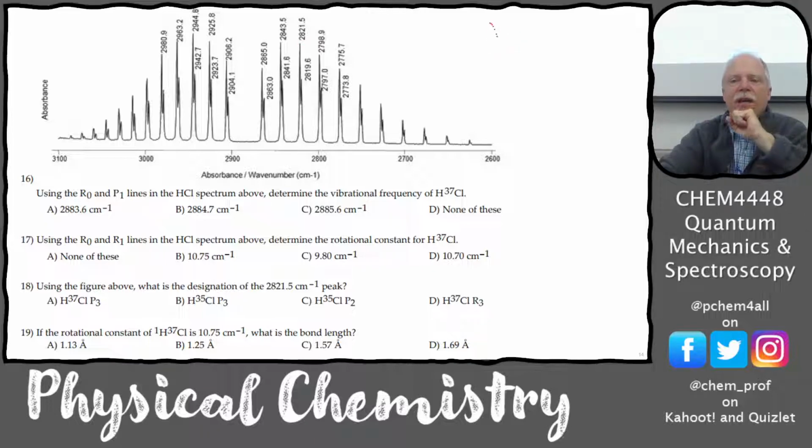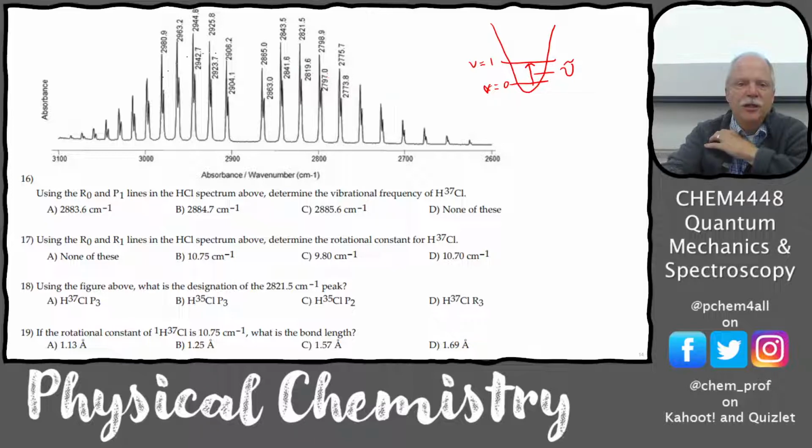When we have this harmonic oscillator potential, and this is V equals 0 to V equals 1, that frequency is the vibrational frequency, and that shows up somewhere on this spectrum. But there's no peak associated with it because it's a diatomic. So it would be in that Q area? Yeah, it's right here where the missing Q branch is.